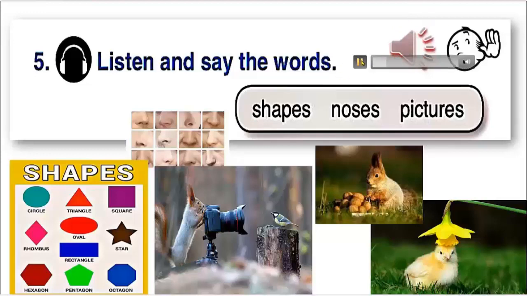Listen and say the words. Shapes. Noses. Pictures.